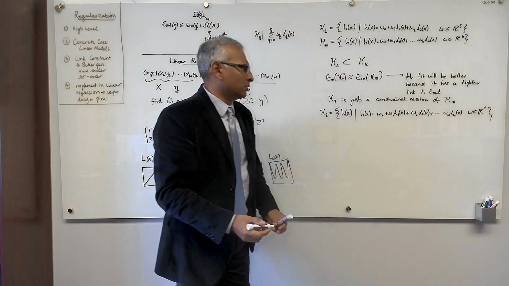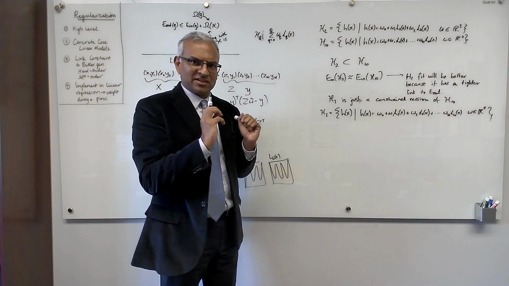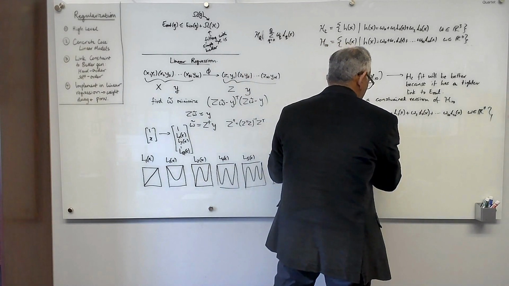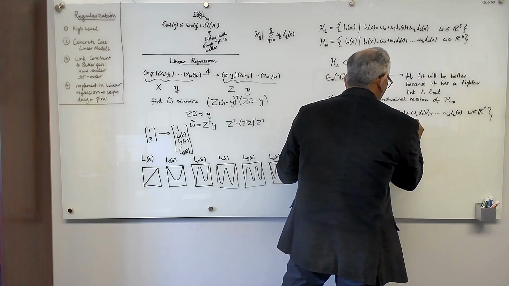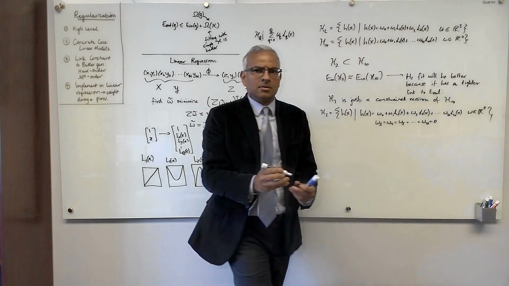And you say, well, wait, that's just the 10th order polynomials, except I haven't put the constraint in yet. So let me put the constraint in. Okay, what's my constraint going to be? And it's not going to be a surprise. I'm going to require that W3 equals W4 equals W5 equals and so on up to W10 equals 0.